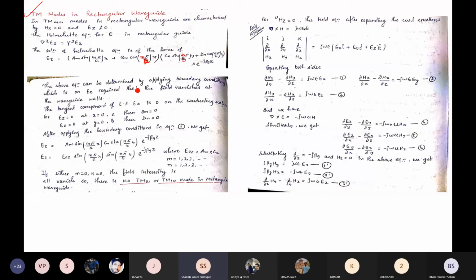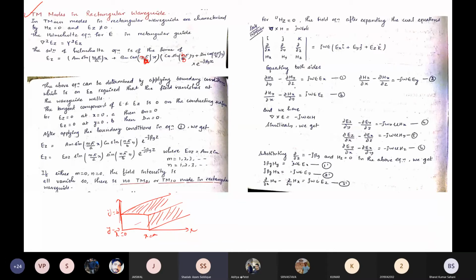Suppose the waveguide is like this, with y direction and x direction, x from 0 to a and y from 0 to b. At all the walls, the upper wall, the side wall, and the down wall, the field will be zero at the waveguide wall.